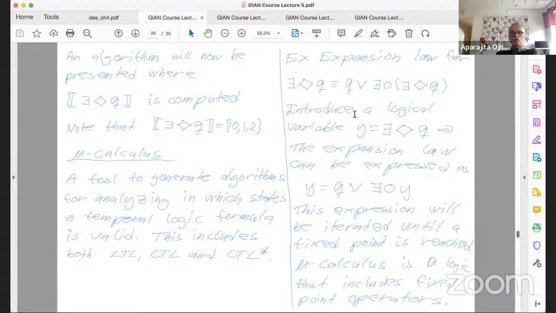And then I introduce a logical variable, y, for this existence of eventually Q. And then my expansion law can be expressed as y is equal to Q, or there exists next y. And this expression can be iterated until a fixed point is reached in terms of if this is satisfied or not. Mu calculus is a logic that includes specifically fixed point operators.